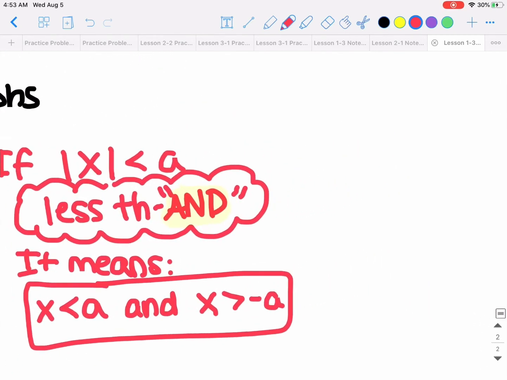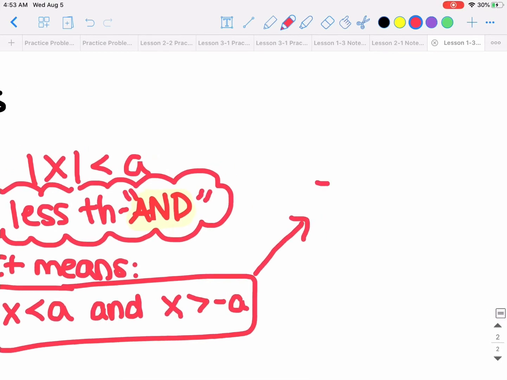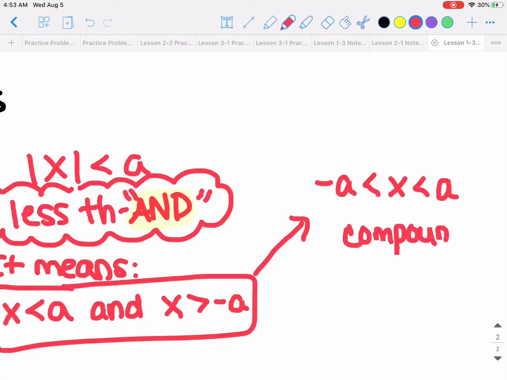There's another way that I can write that. If I have the absolute value of something is less than, I can also write these two inequalities as one inequality. I can write negative a is less than x, which is less than positive a. The reason I can do that is this is a compound inequality.